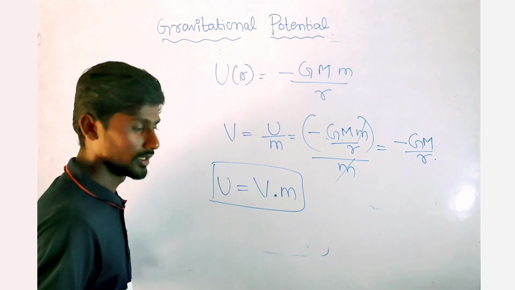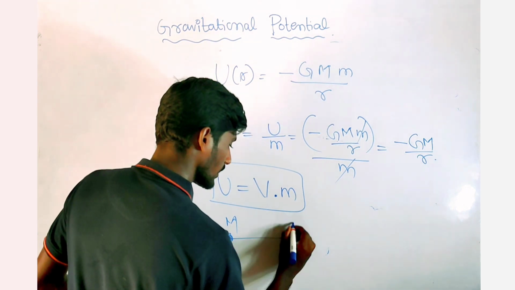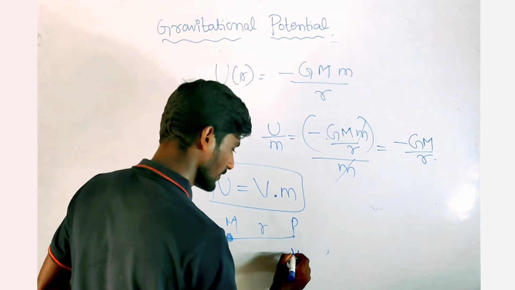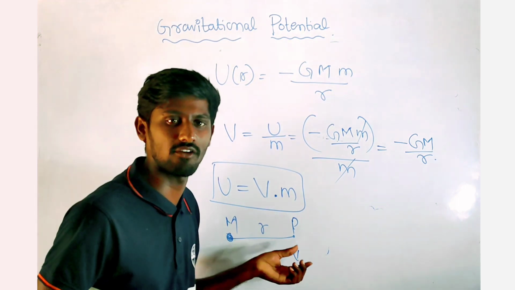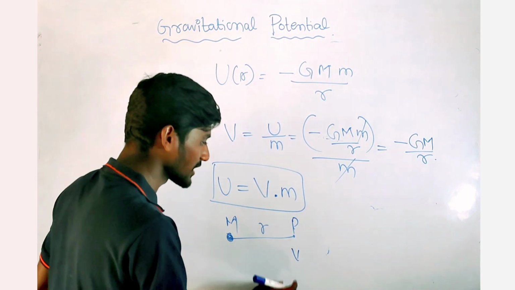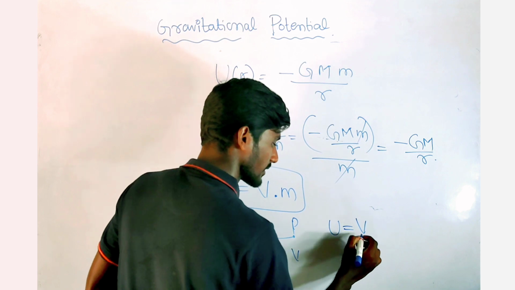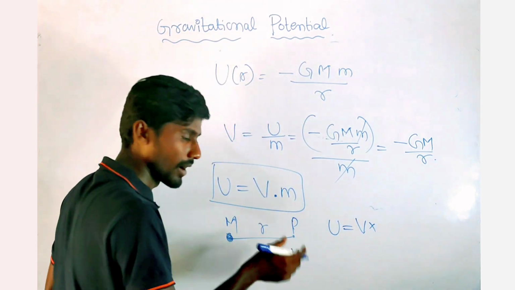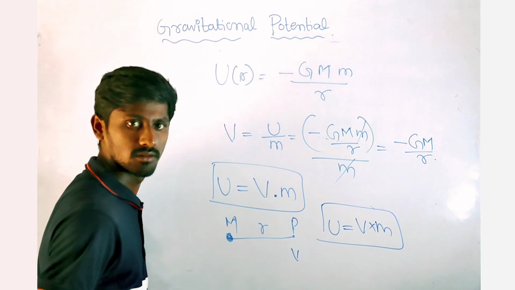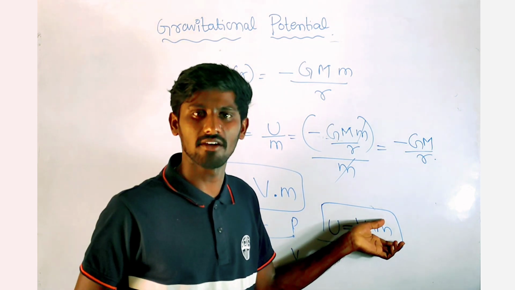Okay, if I have a mass capital M here, and if I know the gravitational potential at this point P which is at a distance of R, if I know the V value, then if I have to find the gravitational potential energy at this point P when I place a mass small m, then U, the gravitational potential energy at point P, is equal to V, the gravitational potential, into the mass that we are placing at point P. Okay, so gravitational potential energy is equal to potential into small m, the mass that we have displaced.